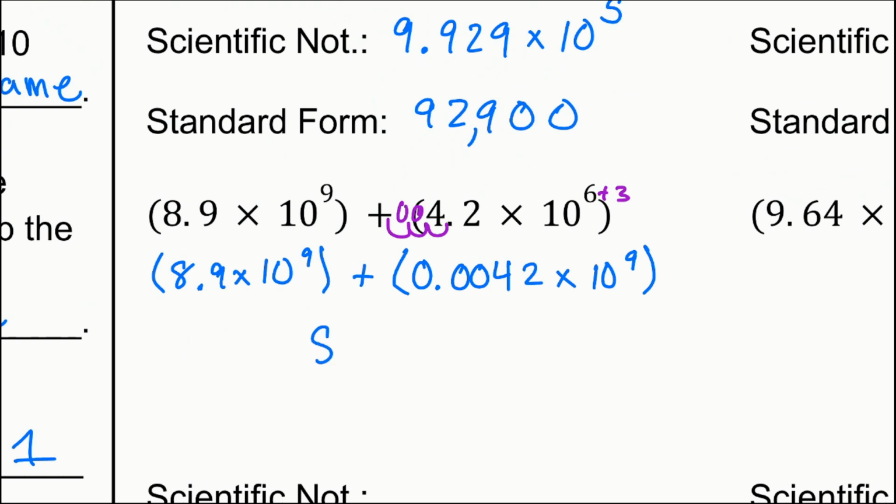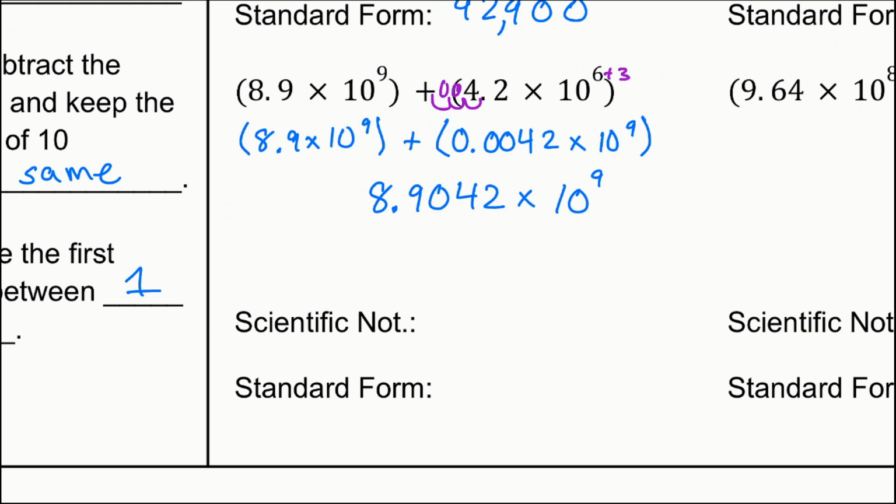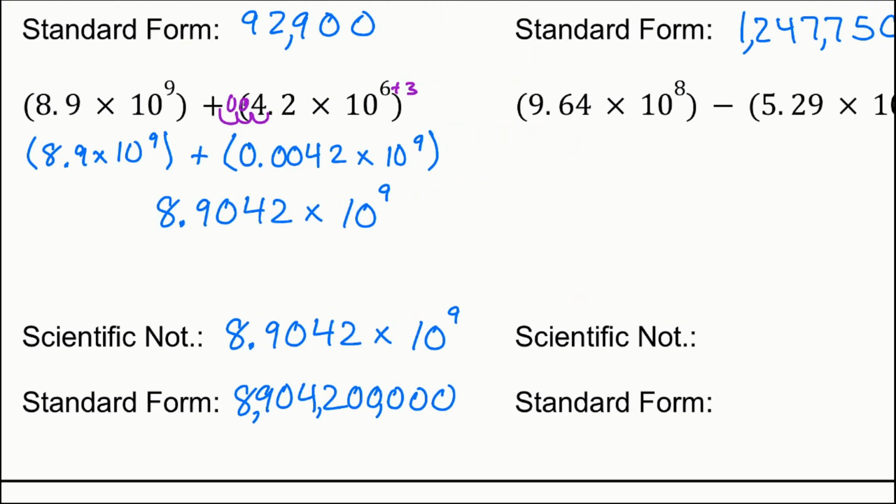Gets me 8.9042 times 10 to the ninth, because we don't have to adjust because we're already in scientific notation. Don't know why I didn't copy and paste earlier. That's okay. And this is going to be 89042. 1, 2, 3, 4, 5, 6, 7, 8, 9. All right. So that's your first one.